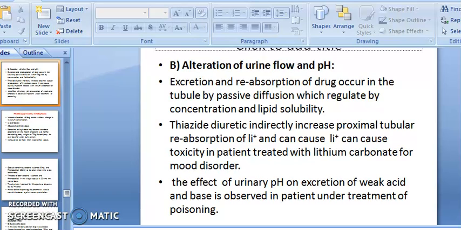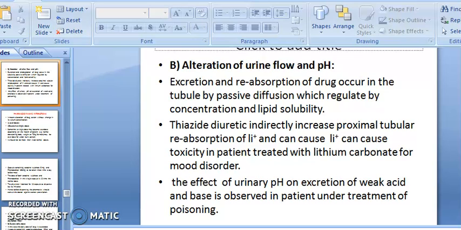One more example: thiazide diuretics indirectly increase the proximal tubular reabsorption of lithium ion and can cause toxicity in patients treated with lithium carbonate for mood disorder. When you are treating a patient having mood disorder, you use lithium carbonate.